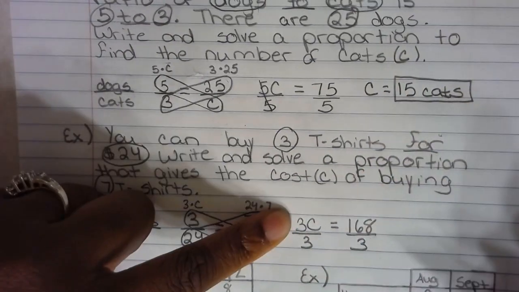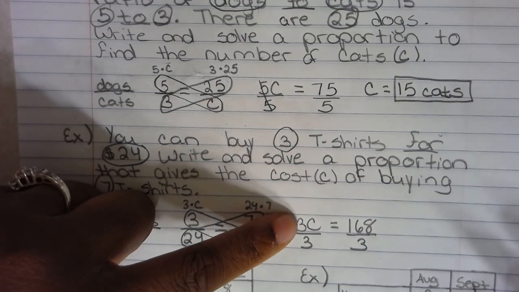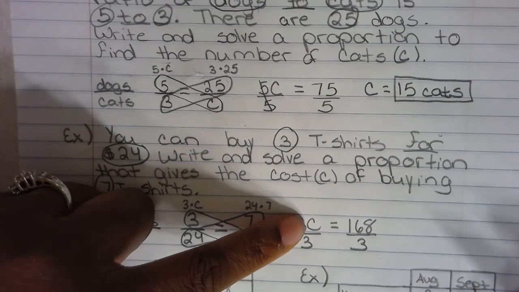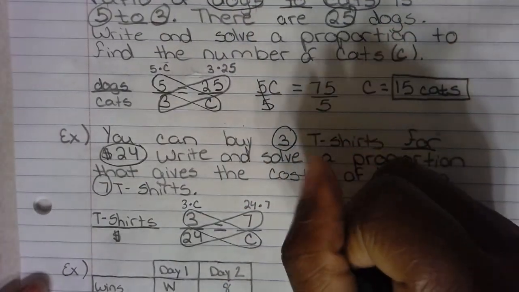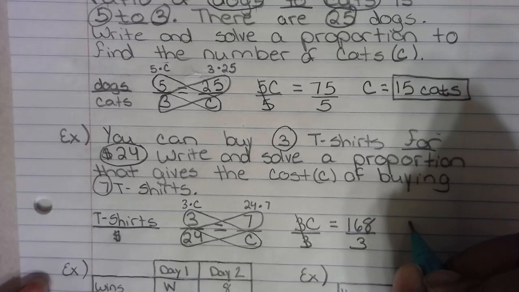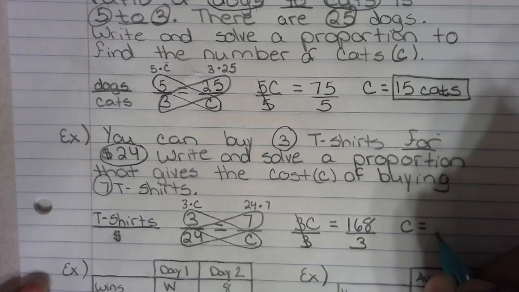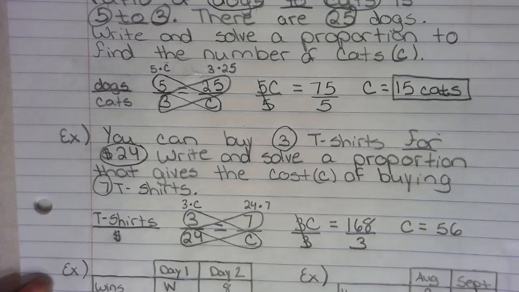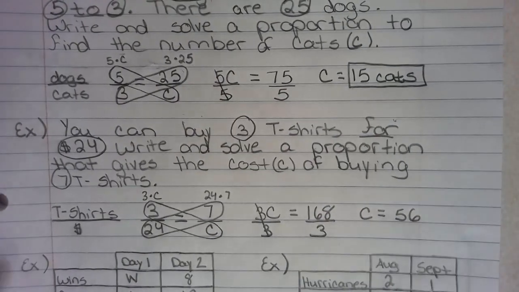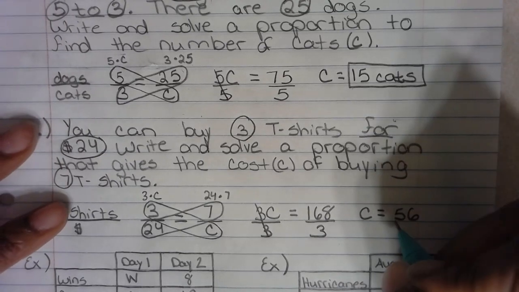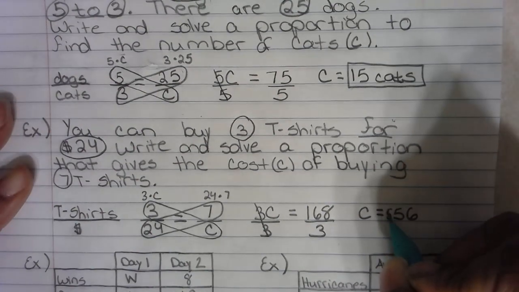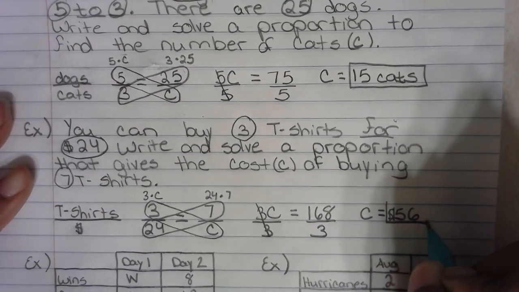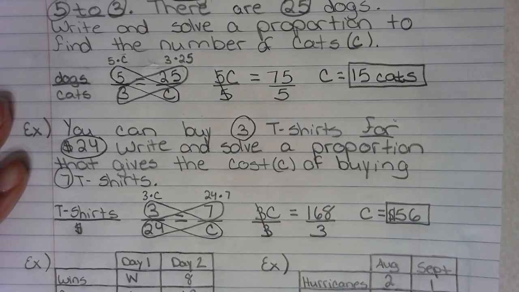We're dividing by 3 because 3 is what is attached to the variable, and we want the variable by itself. So C equals 56. Now the question is, how much? Since this is a word problem, you want to make sure you have the proper label, so it wouldn't just be 56, it would be $56. The cost of buying 7 t-shirts is $56.